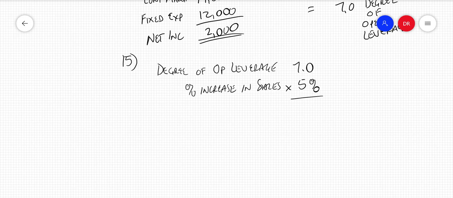Multiplying these, we get an increase in net income of 35%.